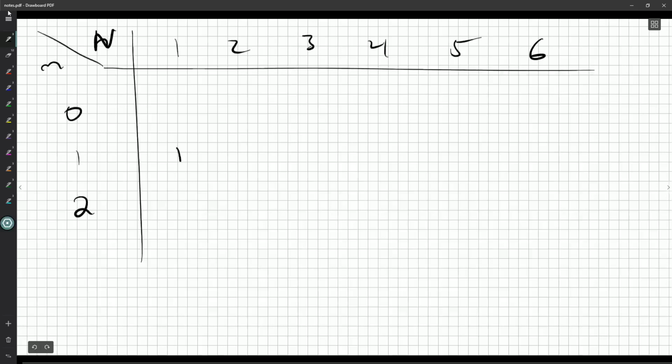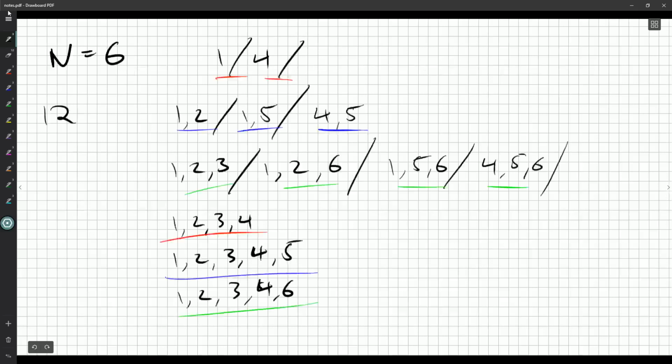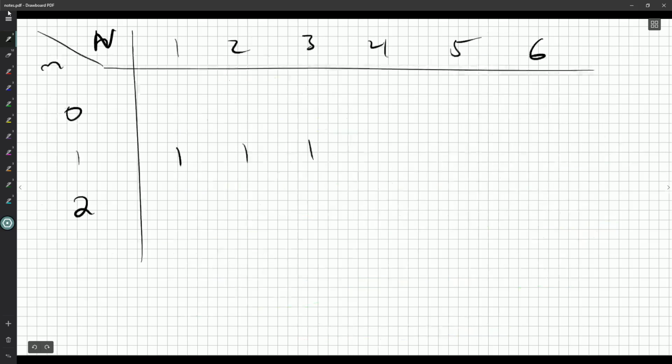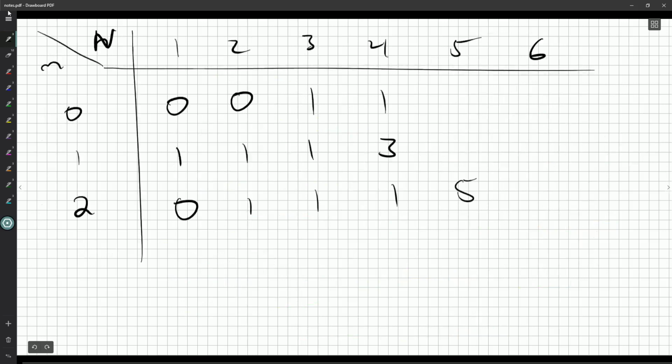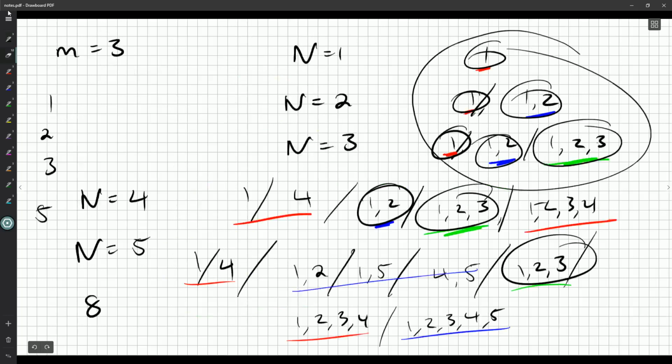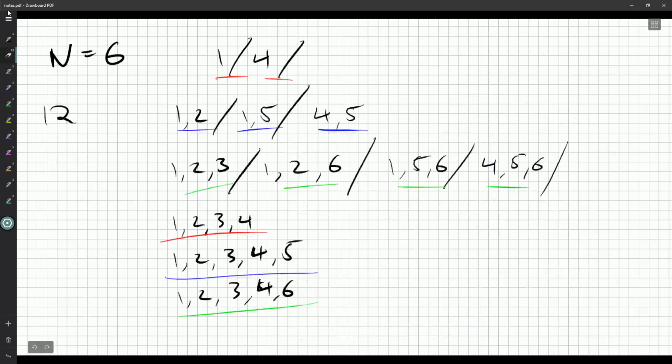We had 1 all the way through, and then as soon as we hit 4, we got a few more. One, 2, 3, 4 for the blues.